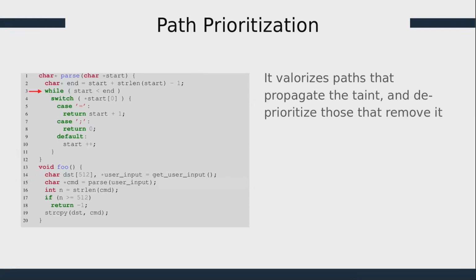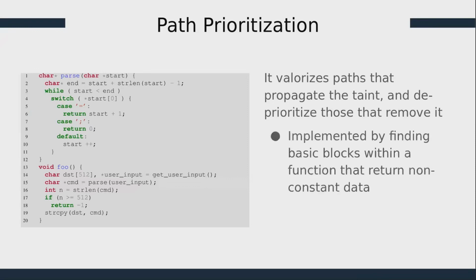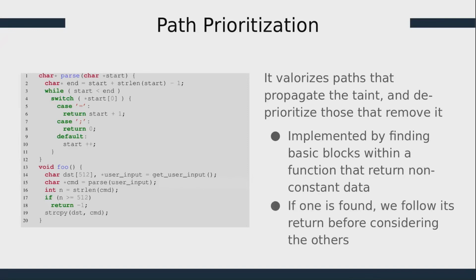Here, there are possibly an infinite number of symbolic paths in this while loop, but only one will return tainted data, while the others won't. So the path prioritization strategy valorizes this path instead of the others. This has been implemented by finding basic blocks within a function that return non-constant data, and if one is found, we follow its return before considering the others.